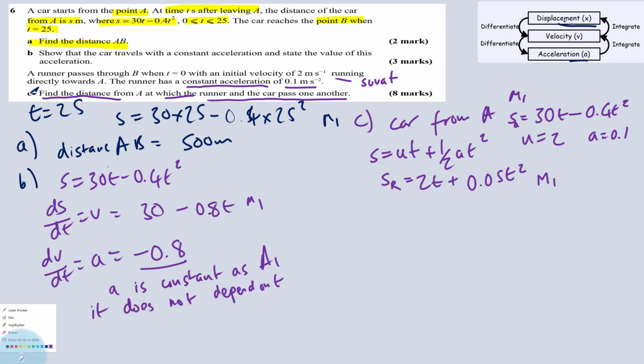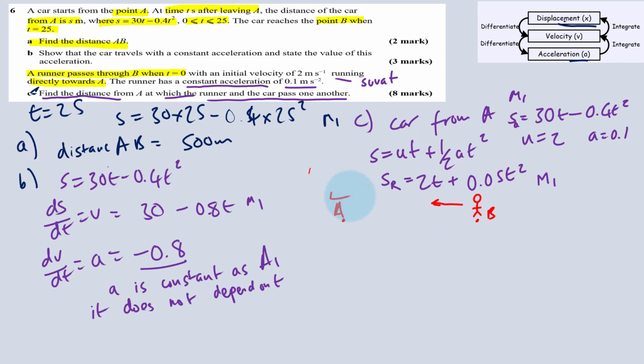Now, this information is hidden, but the runner passes through B when time equals 0, and he's running towards A. So in the context of this question, you've got A, you've got B, the runner is running this way.